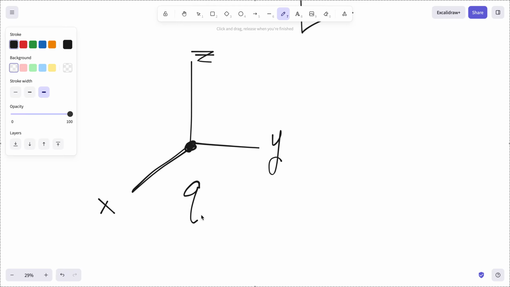So we can describe it as Q naught cosine omega t is equal to that charge Q. It's kind of just pulsing in the center.